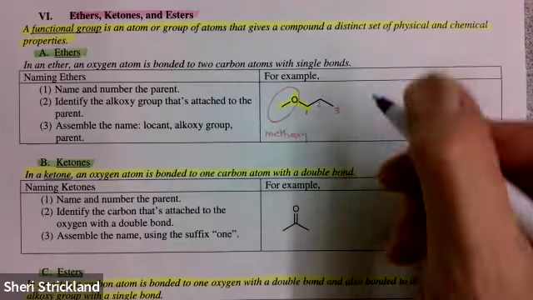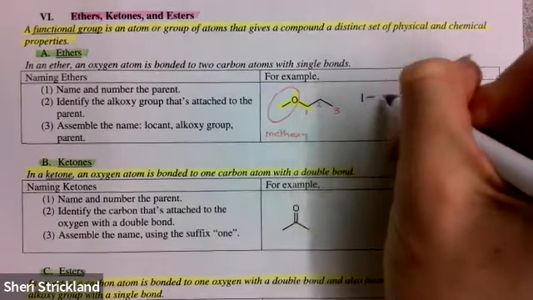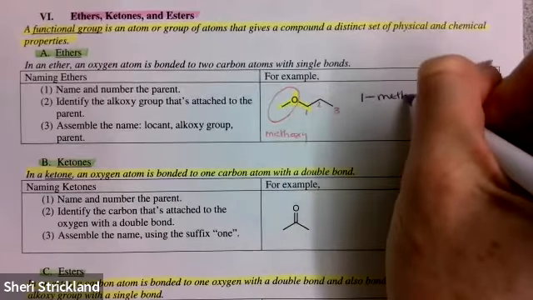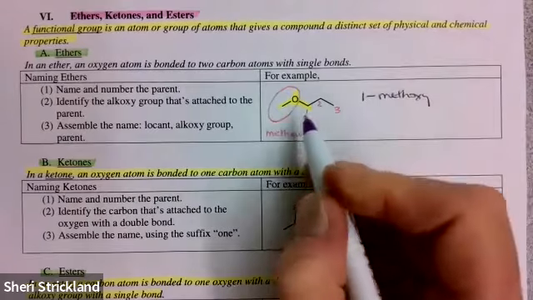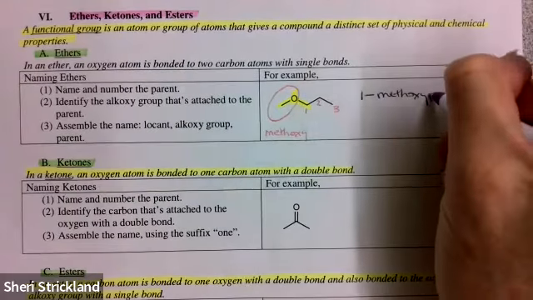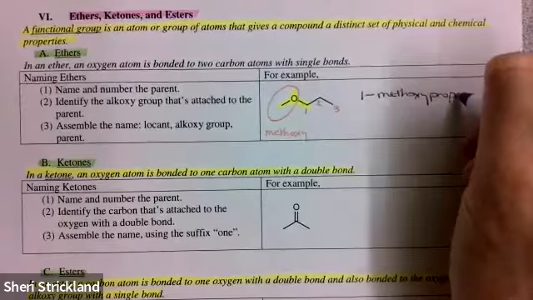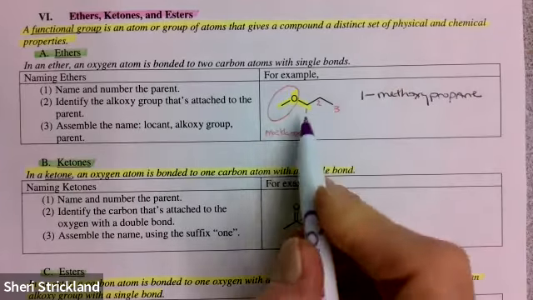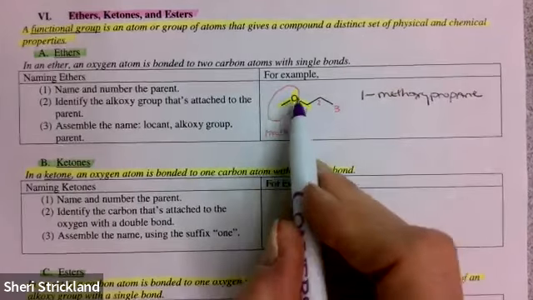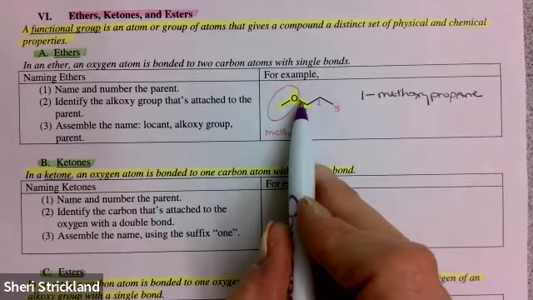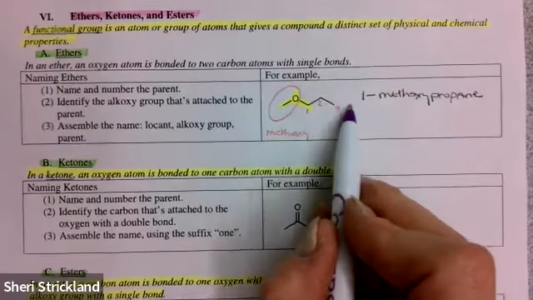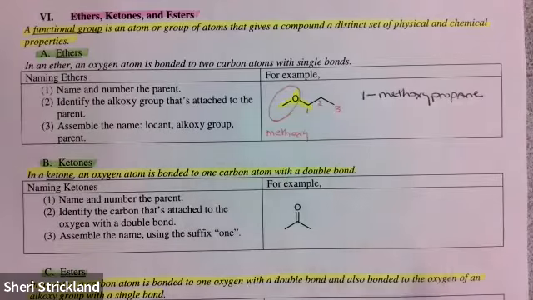So we have here one methoxy, and then three carbons, that's propane. So when you look at an ether, it's going to be bonded to carbons in two directions. The side that has the longer carbon chain is the parent, the other side is the alkoxy group.